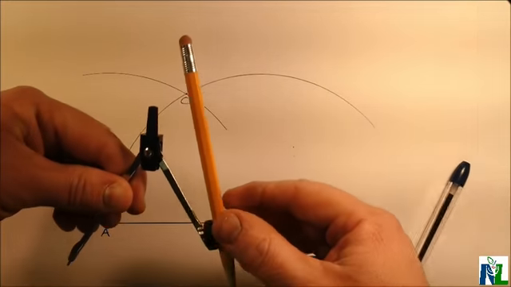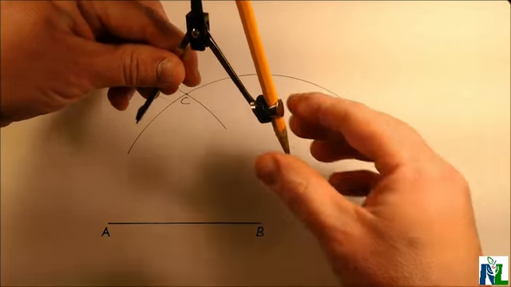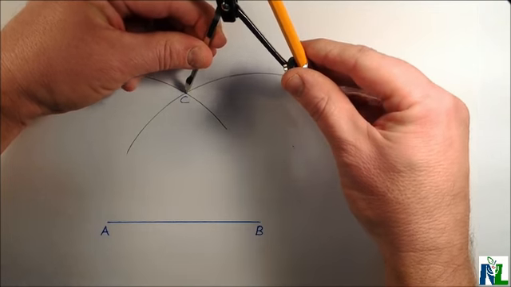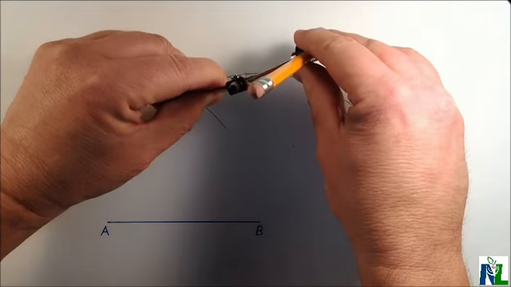I haven't changed the opening of my compass. I'm going to put the pointy end at C, and I'm going to draw another arc here.